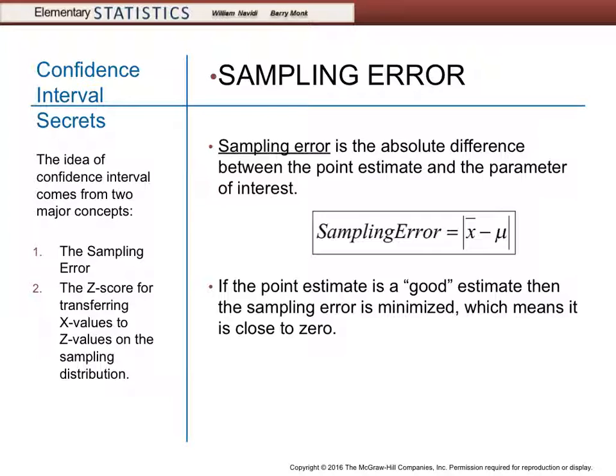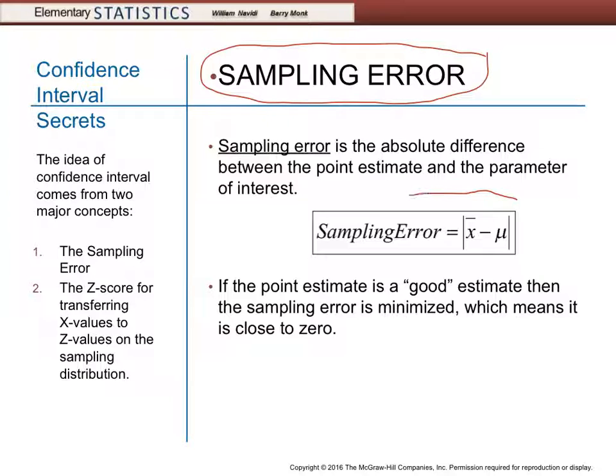So how did we get started with this idea of confidence intervals? Well, statisticians called it something called the sampling error. The sampling error is the absolute difference between the point estimate and the parameter of interest.